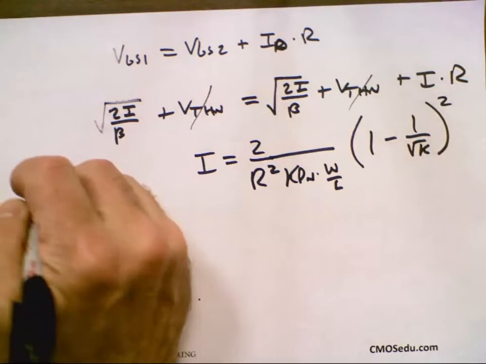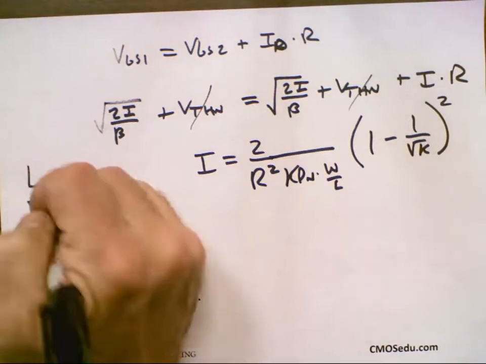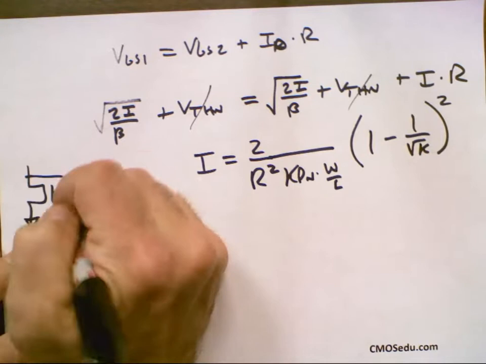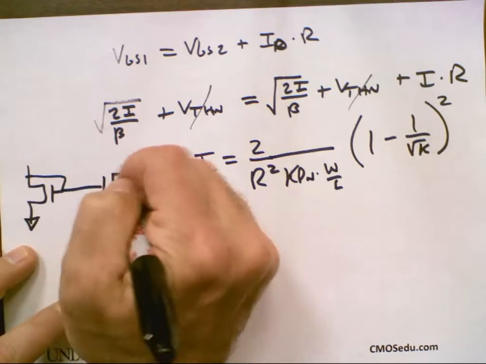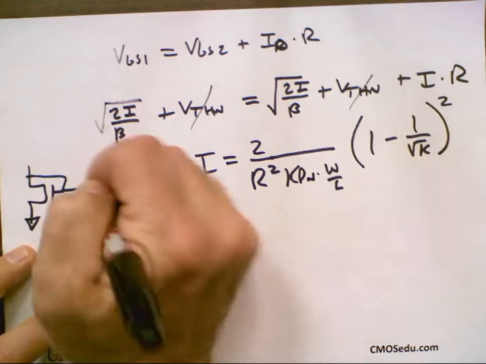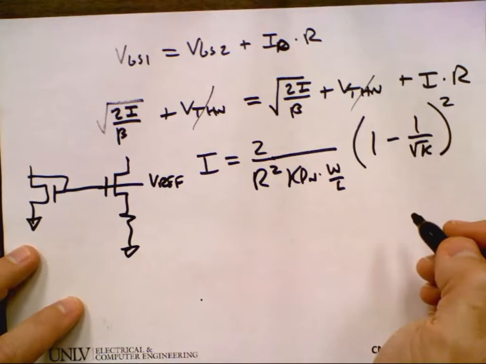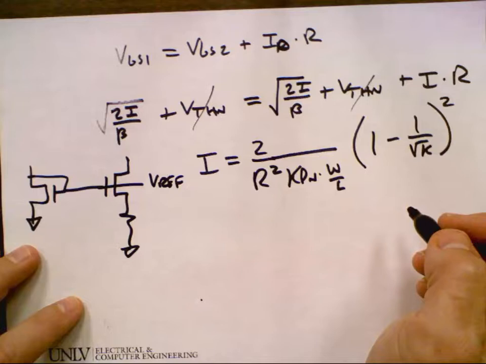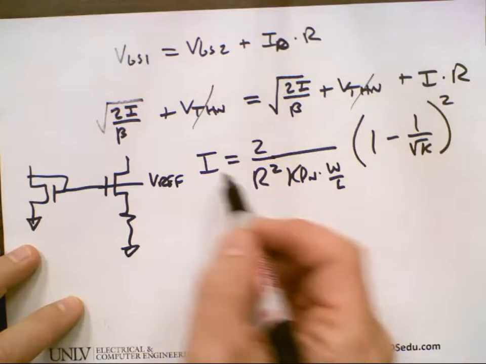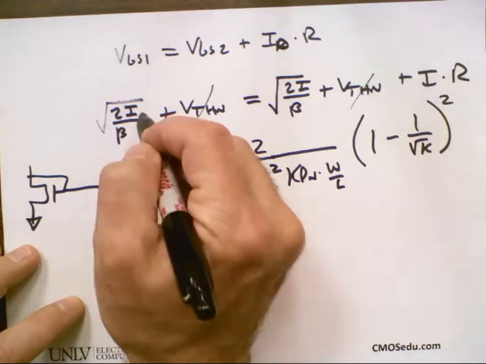What we want, if we recall, is this V bias N to be Vref. Does everybody recall that? So what I'm going to do is take this and plug it back in there.